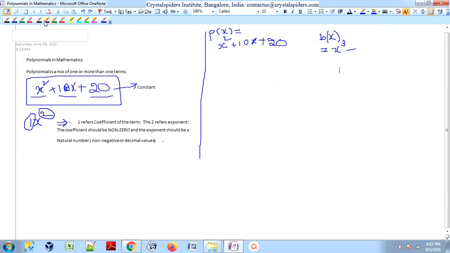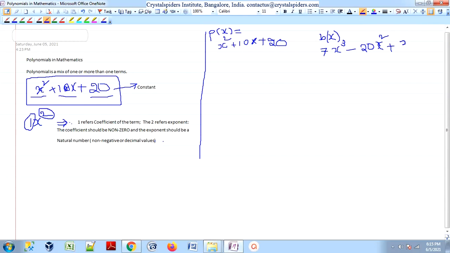So now here I'm going to say 7x cube minus 20x square. Let's say this is another polynomial, guys, and plus 30. So now these are the two polynomials.